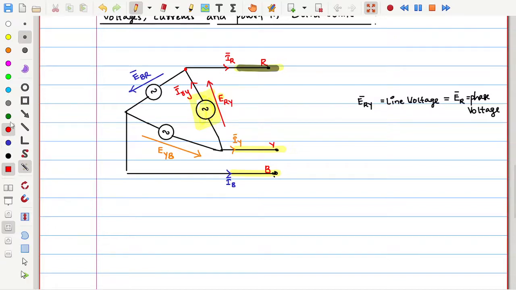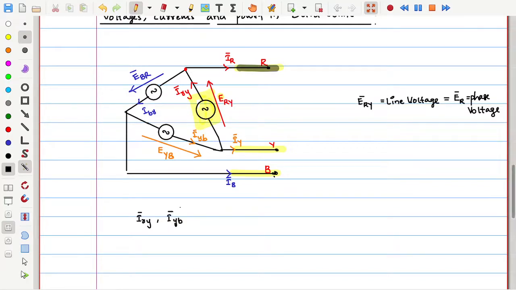Next is the Y phase, whose corresponding current is iYB, and similarly one more current here, iBR. So let me write here iRY, iYB, iBR.